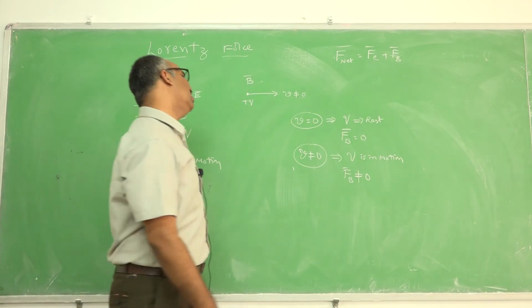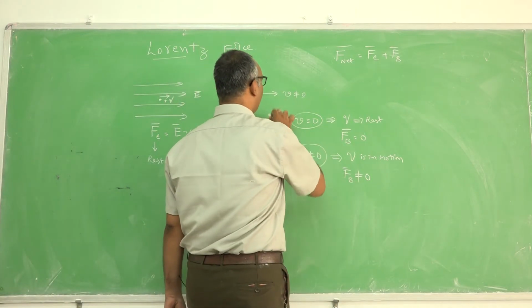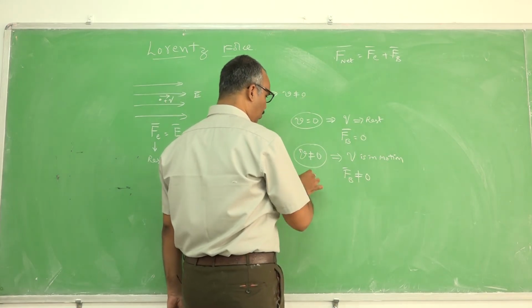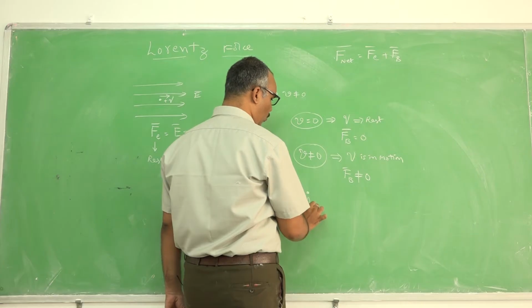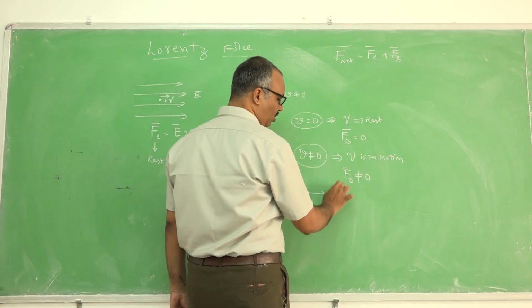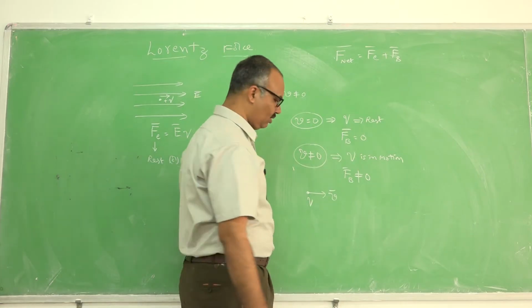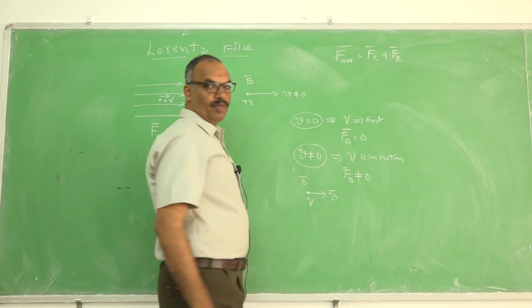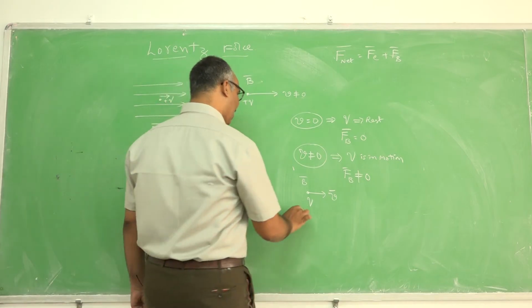Then how do we calculate the force experienced by a charged particle due to a magnetic field? Suppose here is a charge Q which is moving with a non-zero velocity V bar in a magnetic field of strength B bar. Here force is a vector quantity.